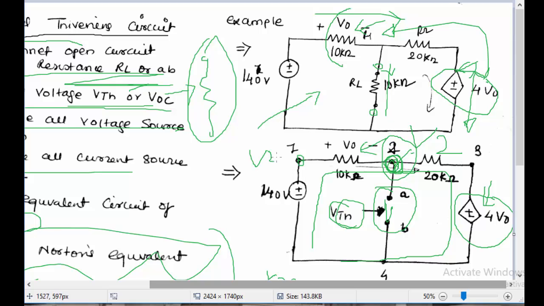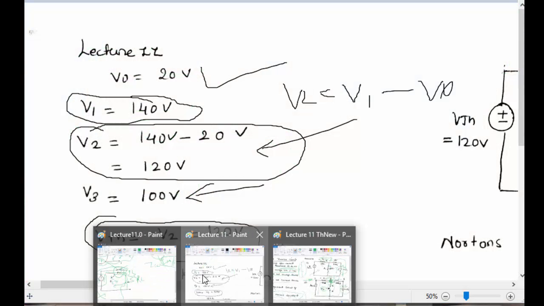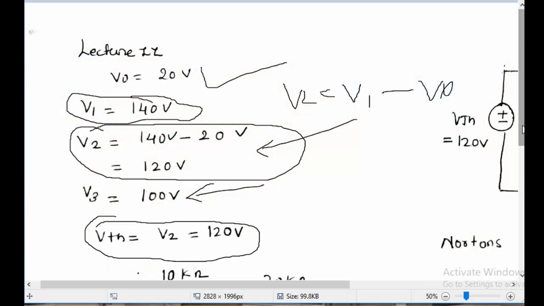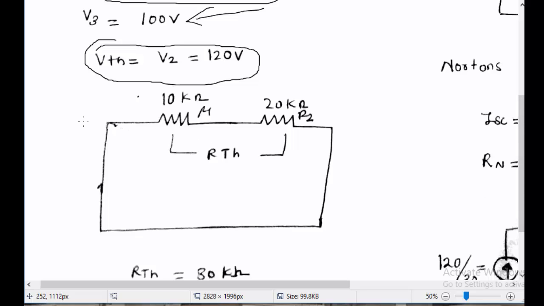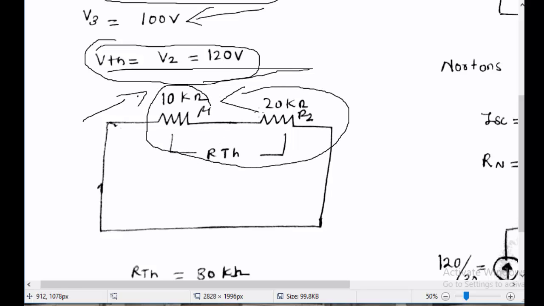So V2 is what you have found out. So you have got the Thevenin's equivalent voltage, and then you have to find out the RTH by solving the circuit.